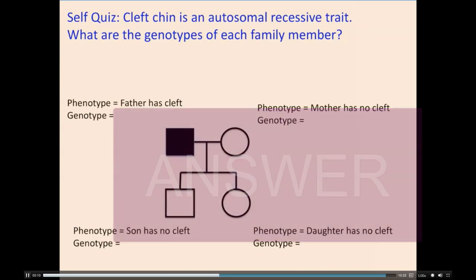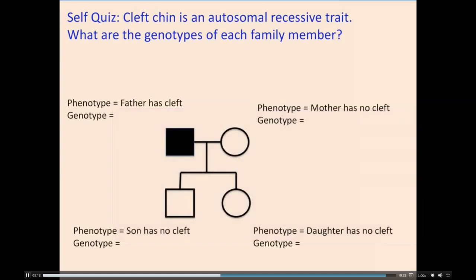So the father has a cleft chin and no one else has a cleft chin. If we assign the gene to be capital A for no cleft and little a for cleft chin, in this case, I just wanted to show you that I actually use the letter A because if I use the letter C, my big C, capital C, and little c look the same.